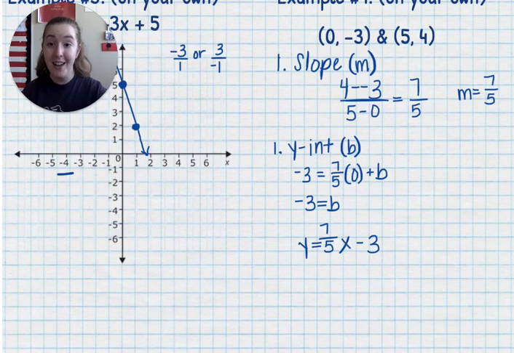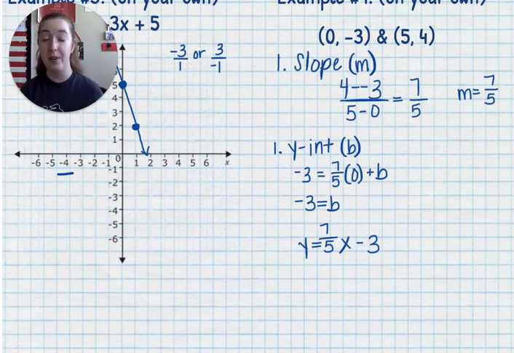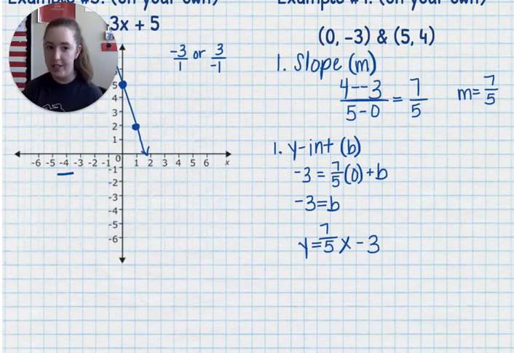All right, so hopefully the first thing you did was go and find your slope. So we took our y2 minus our y1 over our x2 minus our x1. We should end up with 7/5. No matter which one was x1, y1 and which one was x2, y2, we should end up with 7/5 for our slope.